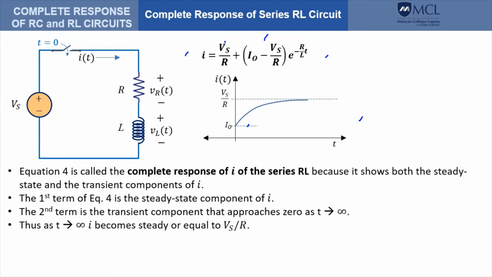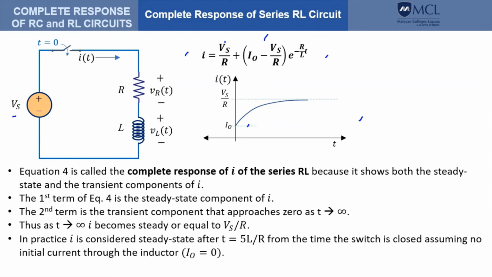So as t increases, I becomes steady or equal to V sub S over R, where V sub S is the applied voltage to the circuit after the switch is closed. Again, in practice, I is considered steady state after time 5L over R, from the time the switch is closed, assuming that there is no initial current through the inductor at t equals 0.